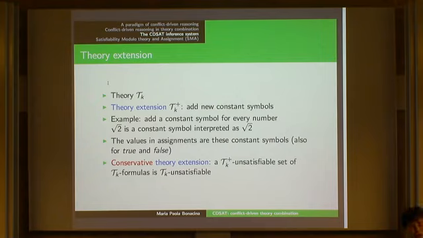This is a method to combine satisfiability procedures. If someday one comes up with a satisfiability procedure for all the reals, then we would have the problem of combining. But for the time being, such a procedure does not exist, because the procedures we have for nonlinear arithmetic are for the algebraic reals. This is true of NSAT. It's also true of cylindrical algebraic decomposition.